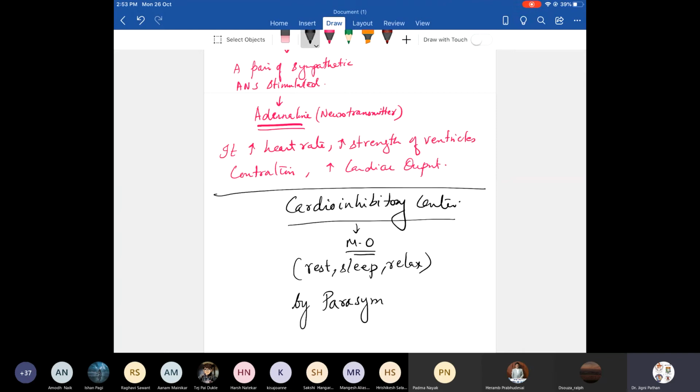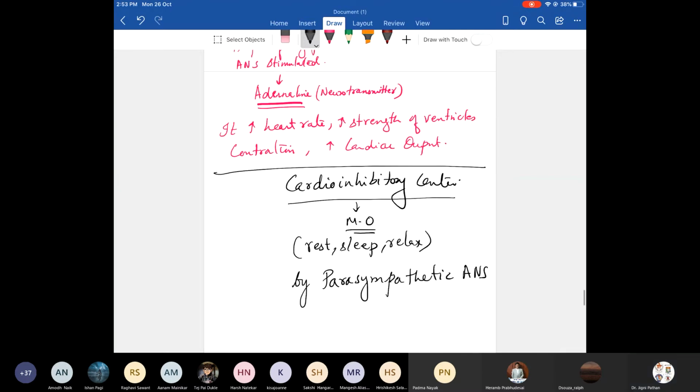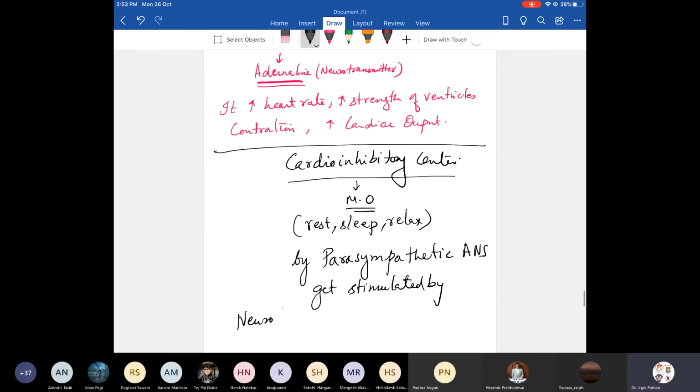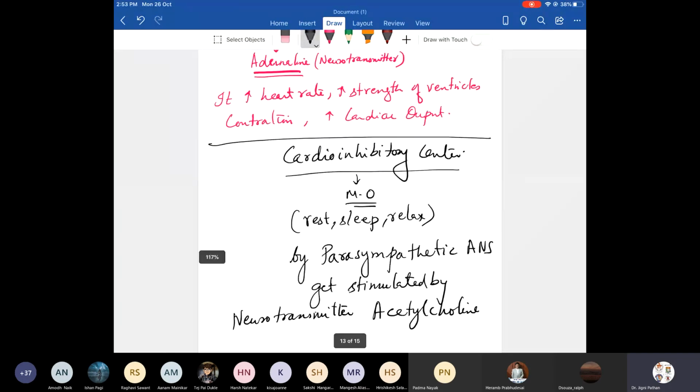There are two systems, one sympathetic and the other parasympathetic. This happens in the parasympathetic autonomic nervous system, and it gets stimulated by a neurotransmitter that is acetylcholine. Very, very important. Adrenaline is for excitement, and acetylcholine is for relaxation.